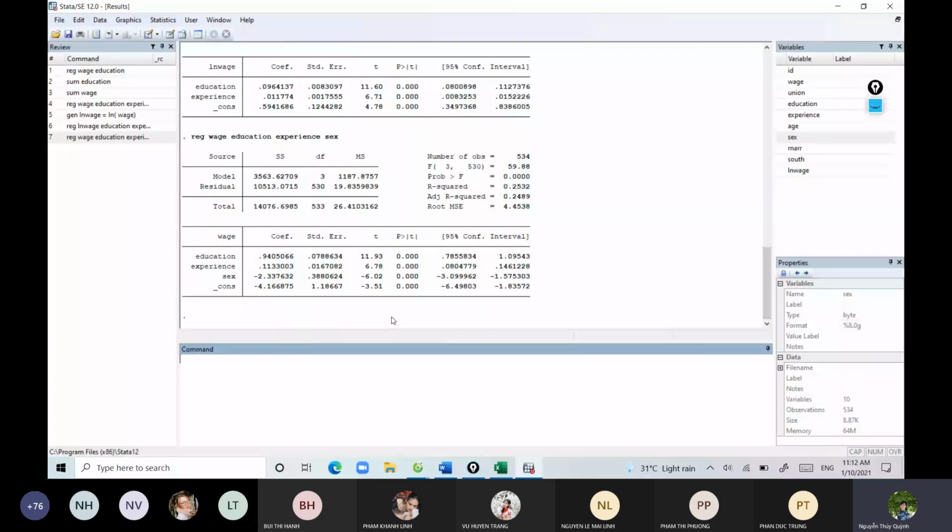That is an easy one, right? It's the same as the previous questions. It shows the marginal effect of education on wage.